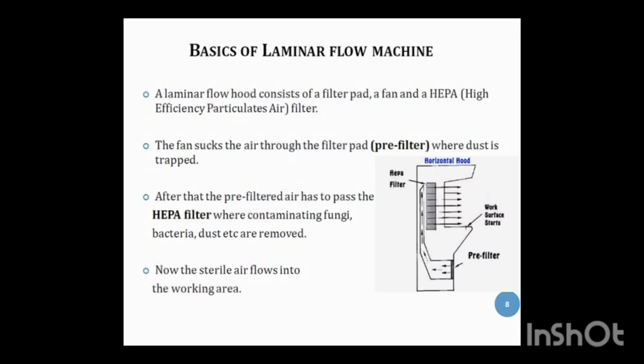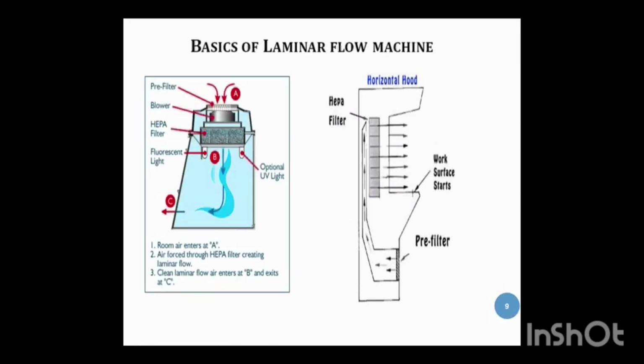The fan sucks the air through the filter pad. There is a pre-filter where the dust is trapped. After that, the pre-filtered air has to pass the HEPA filter where contaminating fungi, bacteria, dust, etc. are removed. Now, the sterile air flows into the work area.